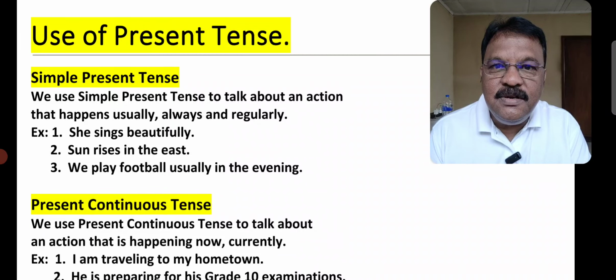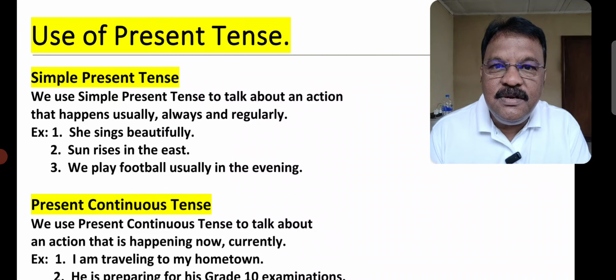When we say usually, always, or regularly, we mean to say, for example, every hour, every evening, every morning, every day, or every week, or every month, or every year, and so on.